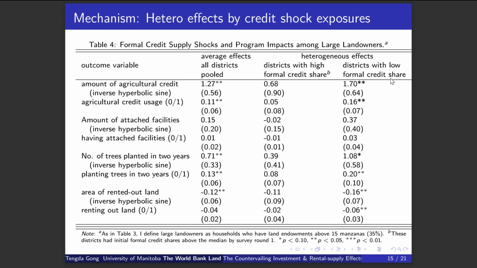Then we see whether we can use that leverage to see to what extent the credit market plays an important role. And we do see that if you have a low exposure, then after the credit shocks, in companion with the land security improvements, you see a huge increase in agricultural credit usage, a huge increase in tree planting, and a huge reduction in renting out.